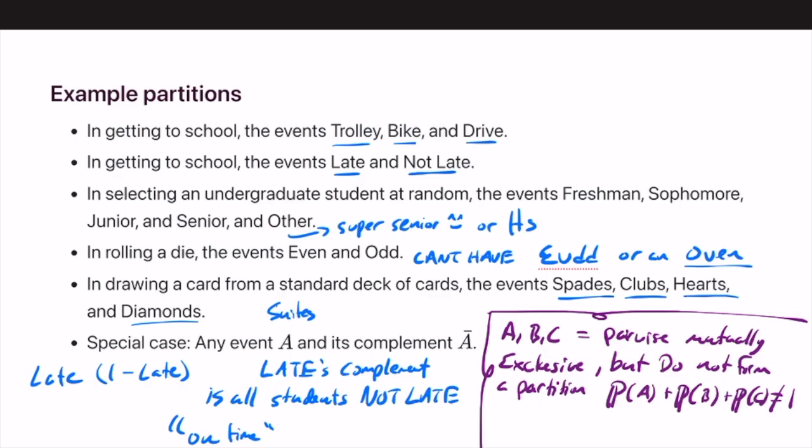So an example of that would be if I had something like this, and this is our space, and we have A, B, and C. We're really missing all this area around it, right?